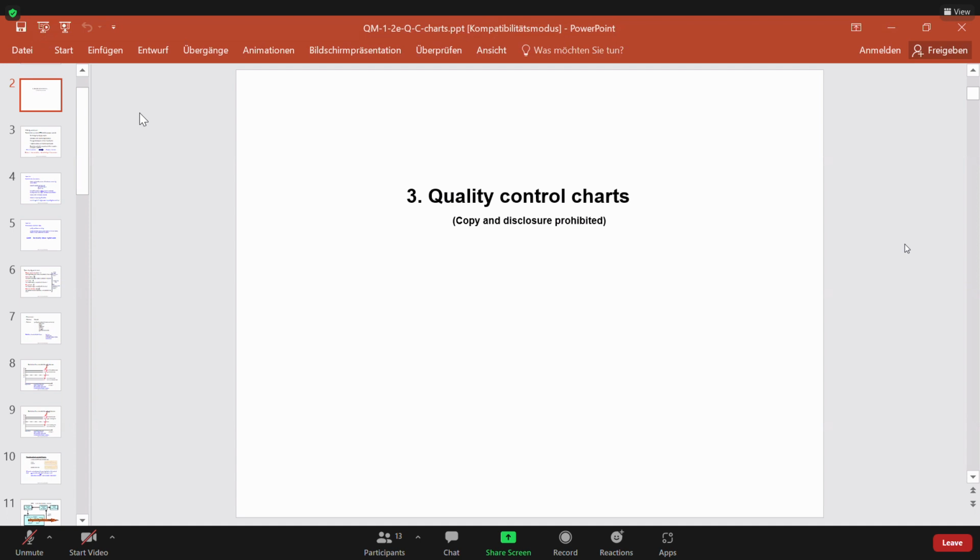You know a little bit about quality control charts from the QM2 lecture, where I showed you some examples for control charts in one of the TQM methods called SPC, Statistical Process Control.